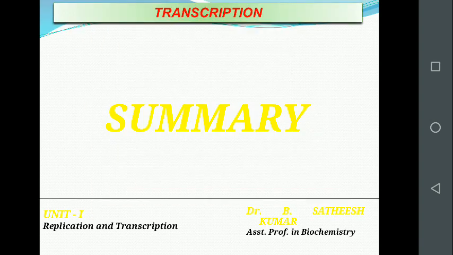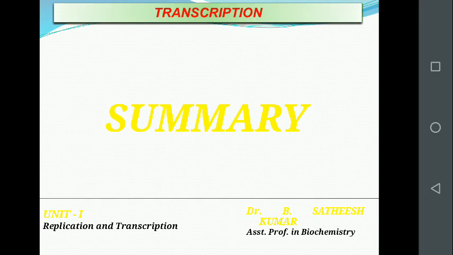So this is about transcription and post-transcriptional modifications. In post-transcriptional modification, we have the 5' cap, that is the 7-methyl GTP cap, and polyadenylation, where poly-A polymerase adenylates the 3' end of the primary transcript or pre-mRNA, so a poly-A tail is added at the end of the pre-mRNA.